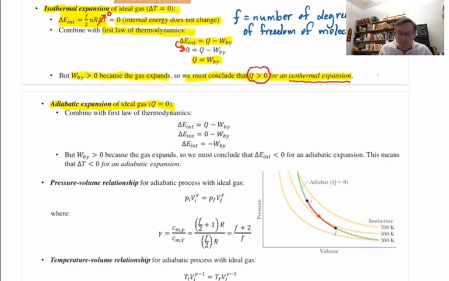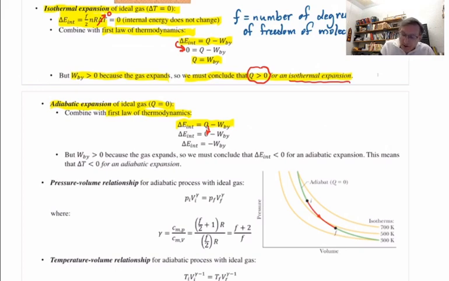Let's figure out the consequences of that with the first law of thermodynamics. So your starting point is the statement of the first law, delta E internal equals Q minus W by, but now it's adiabatic, so it's the Q part that is put in as 0. You got to put the 0 in the correct slot.